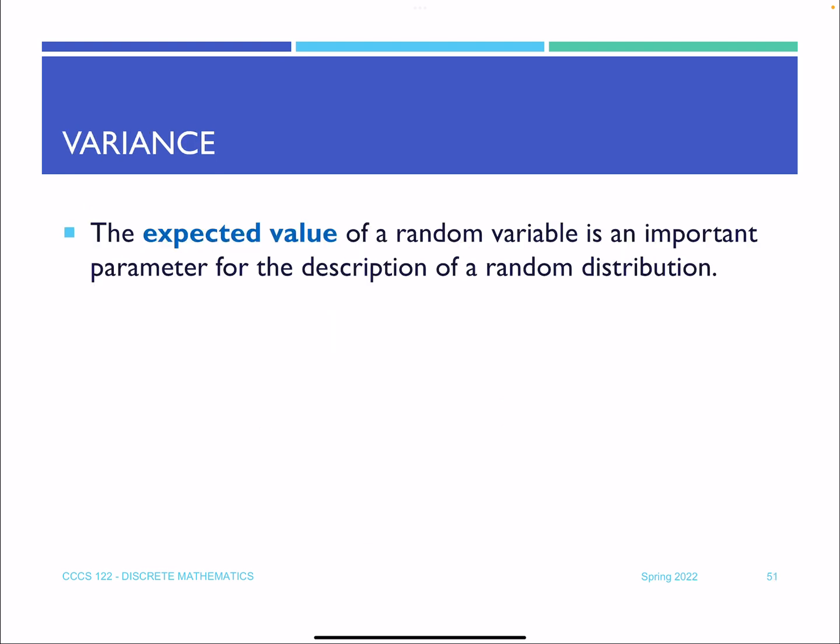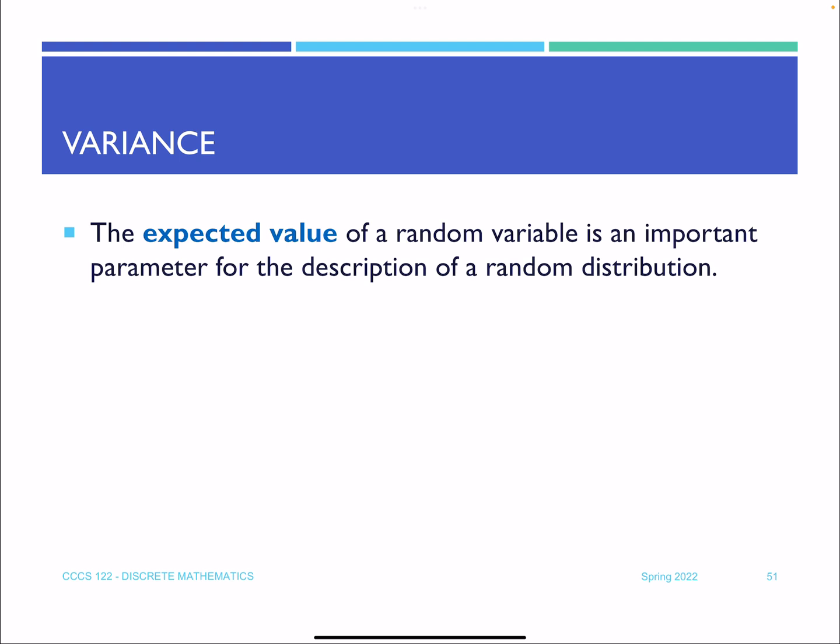Now, the expected value of a random variable is a very important parameter. It's an important summary of the distribution of a random variable, but it's only one type of summary, one limited aspect of it.